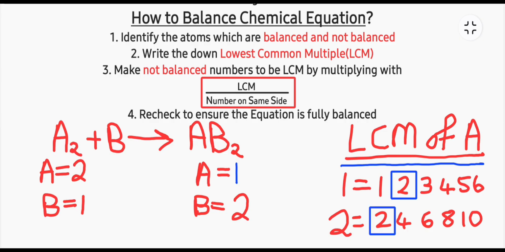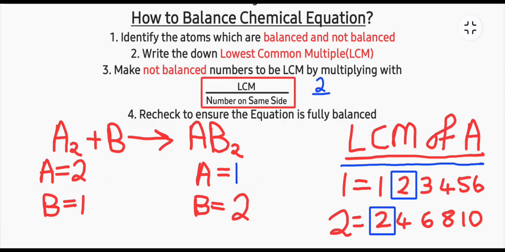Now I'll go to number 3, give a 2 over, and now I'm required to make the unbalanced to be the LCM. So how can I make it to be an LCM there? Create the LCM by multiplying with the LCM over the number on the same side. If you check, this already is the LCM.